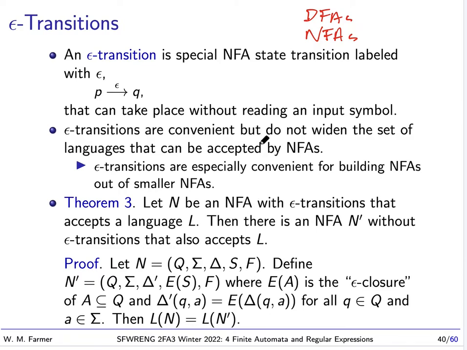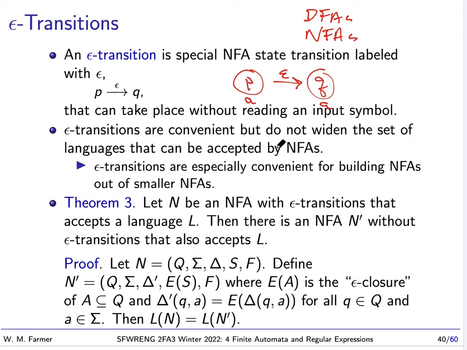So an NFA with epsilon transitions is an NFA where we're also allowed to have transitions of this form, where we go from a state P to Q by epsilon. And what that means is if we're reading a symbol in state P, we can immediately go to state Q without reading any symbols. So if we're reading an A here, we immediately go to Q with an epsilon transition, and we will still be reading an A. So we make a transition without processing another symbol.